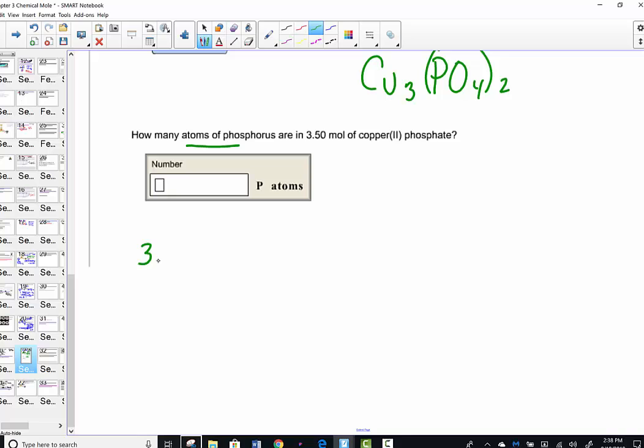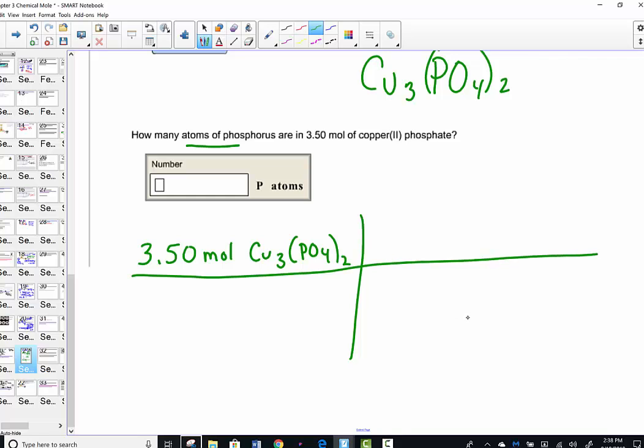So we're going to start by writing its number, 3.50. Its unit is a mole unit, and its formula, copper 3 phosphate. I'll set up a series of conversions that cancels the mole and brings me to the number of individual particles.